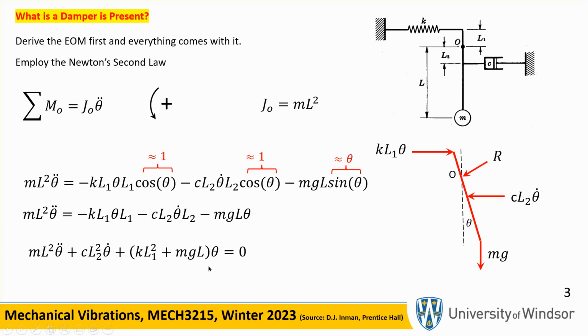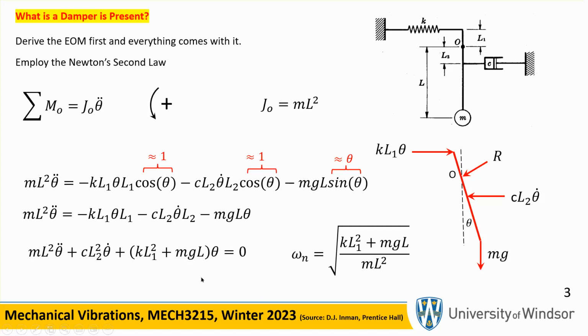And if you clean it up by taking everything to one side, you're going to get the effective mass times the angular acceleration, the effective damping coefficient times the angular velocity, and the effective stiffness times the angle. So it's not only K, there are other things that pop up here because MgL is also a restoring force. This is the mother of all equations.